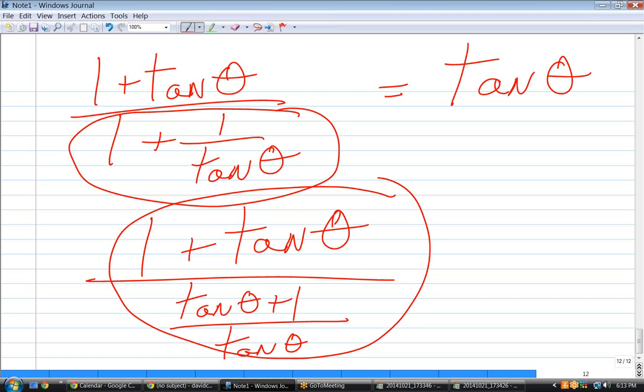What do you get? You flip the denominator and multiply. Yeah, I know. I'm doing it right now. I think it's 1 plus tangent squared over tangent theta plus 1. Flip the denominator and multiply. The tan theta plus 1 cancels.